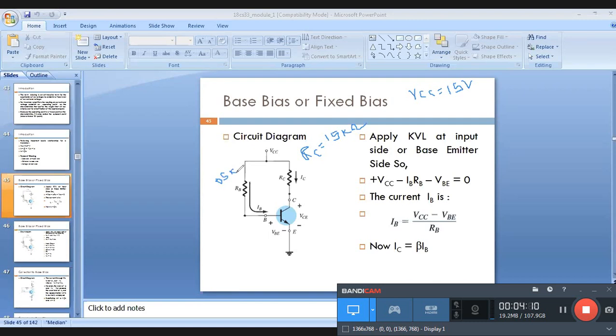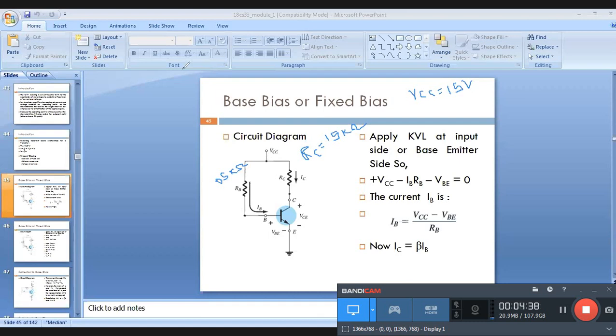IB for the input voltage, and you can see here how to solve this problem. We'll see one by one. Now this is how to apply finding the IB.